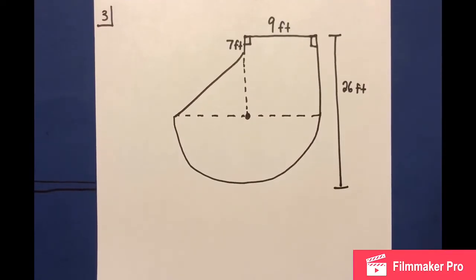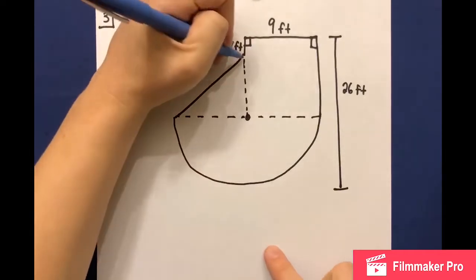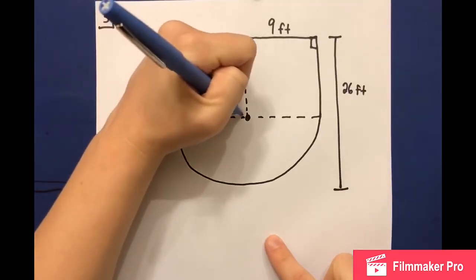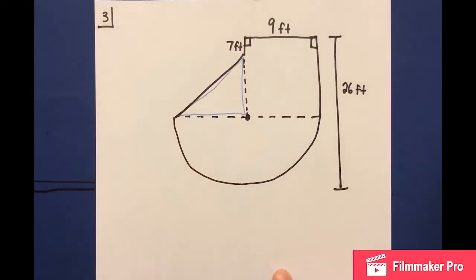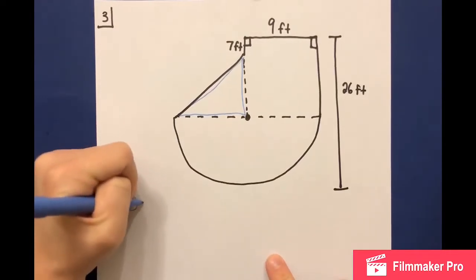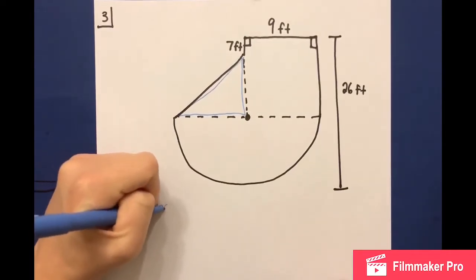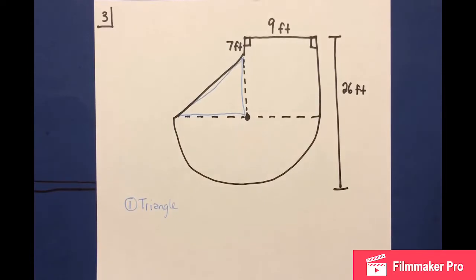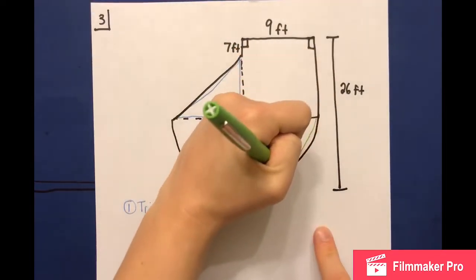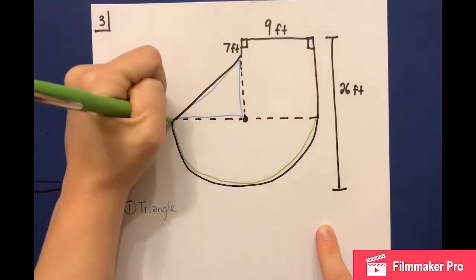Okay, so looking at this, we have a couple of shapes that I can see automatically. We have a triangle there. I'm going to say that's my first shape. I have a beautifully drawn semicircle.